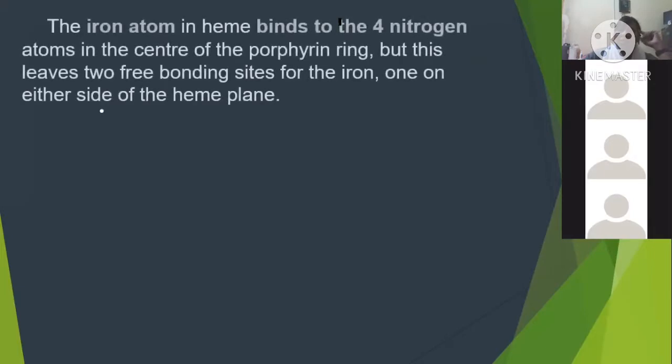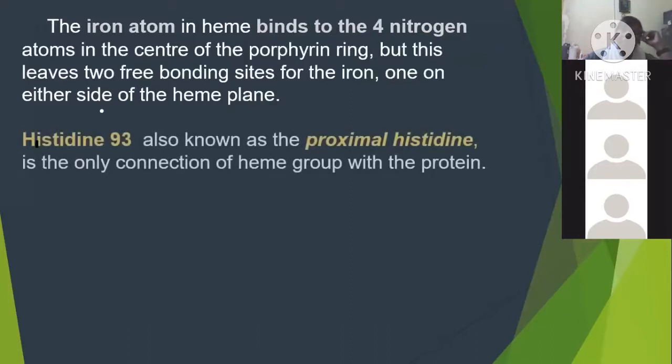See the iron atom, these things I told you, it has 6 coordination numbers: 4 with the nitrogen of the pyrrole rings, the 5th with the globin, and the 6th with the oxygen, isn't it? Now, histidine 93 is the amino acid known as proximal histidine. That is the only connection of the heme group with the protein.